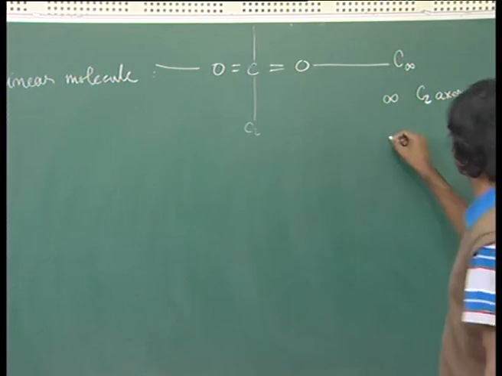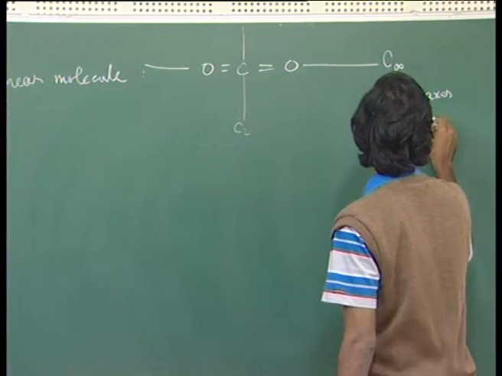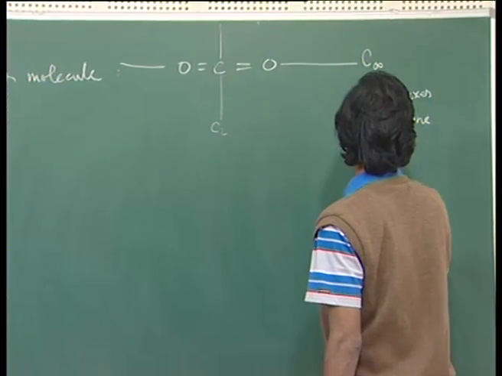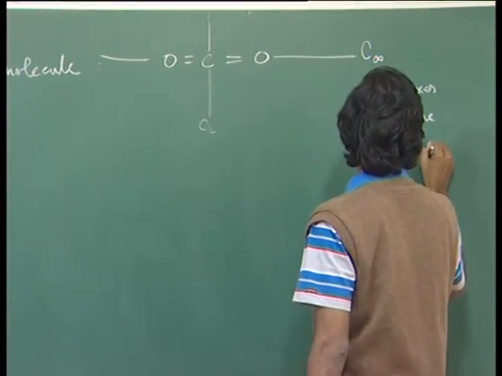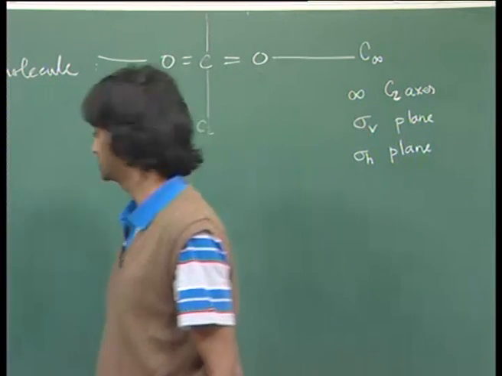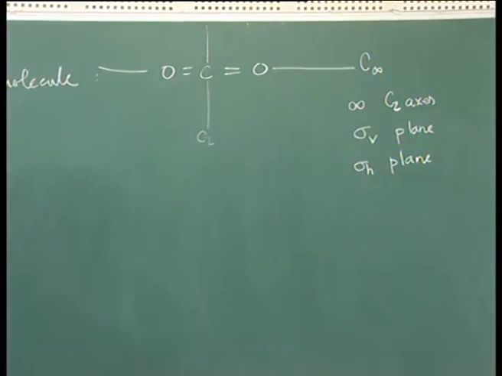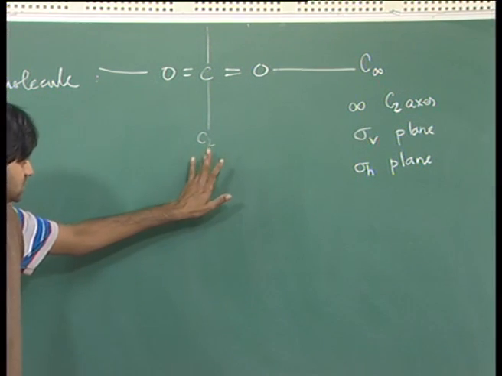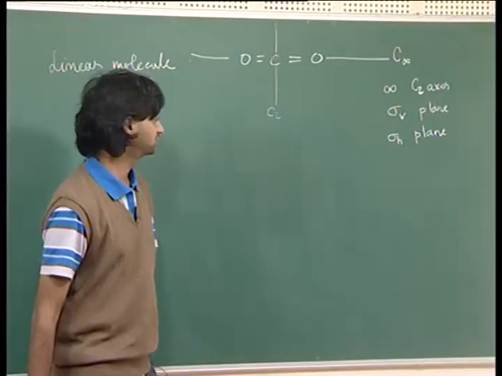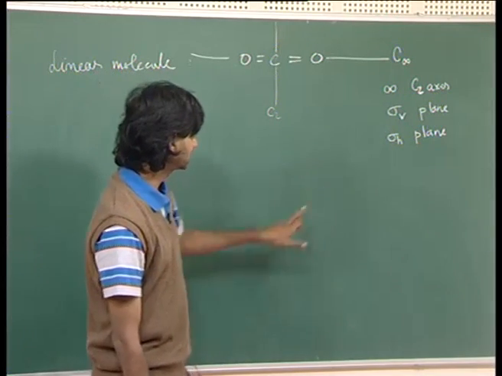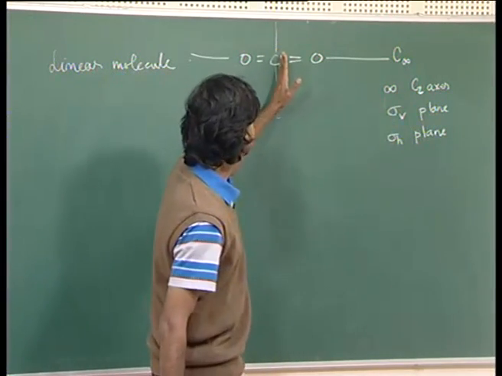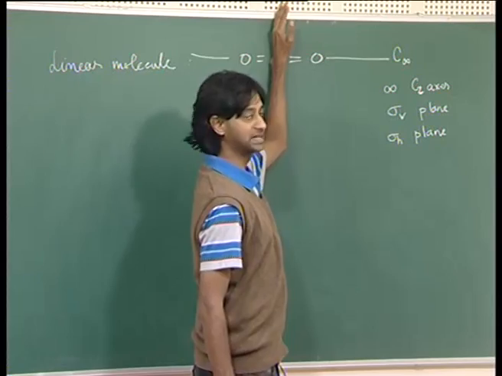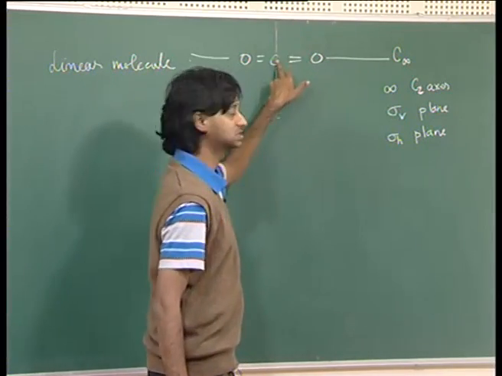And then there is a sigma V plane and a sigma H plane, and this is an important class of molecules. There are infinitely many C2 axes, and all of them lie in this plane and pass through this carbon atom.